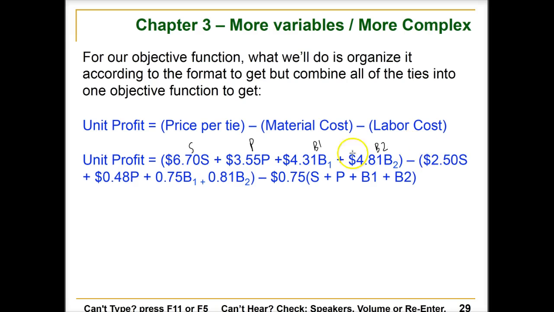And we're going to subtract from those the material cost for the all silk tie, the polyester tie, blend 1 and blend 2. And then of course, we know that for each of these, the labor for automation of putting those ties together is 75 cents, and we subtract that as well. And so this ends up being our actual profit equation once we simplify all of this.